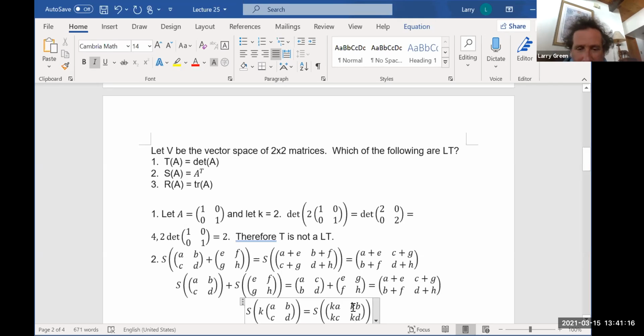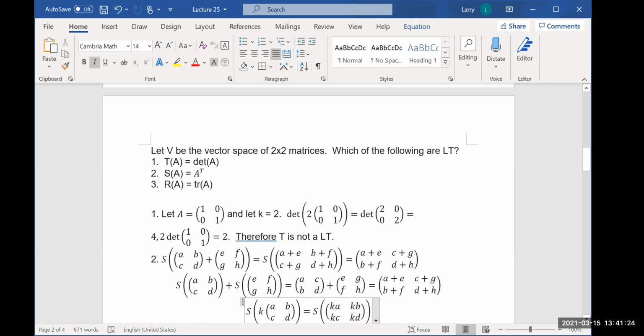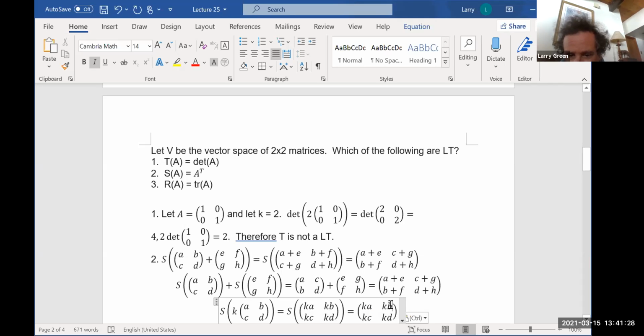That's how you multiply, right? But what does S do? Transpose. Yep, takes the transpose. So let's take the transpose, and you get KC and KB switched. Any questions?